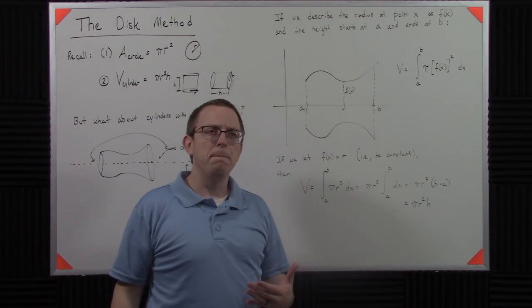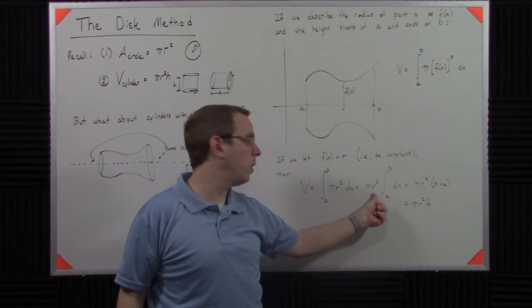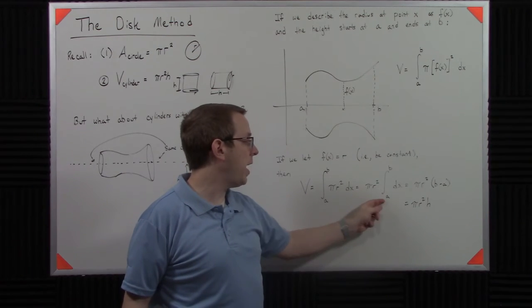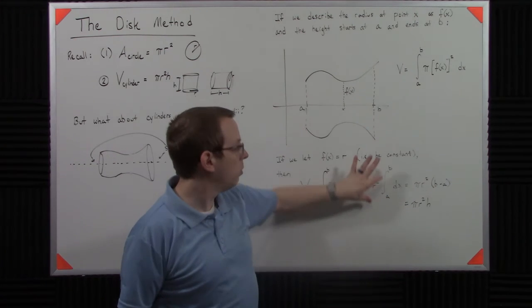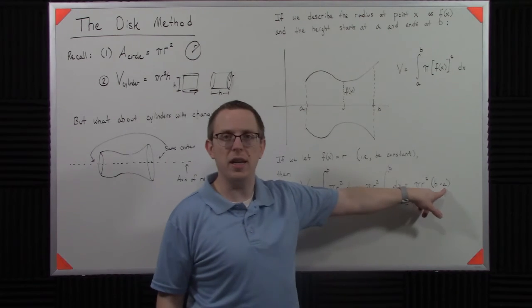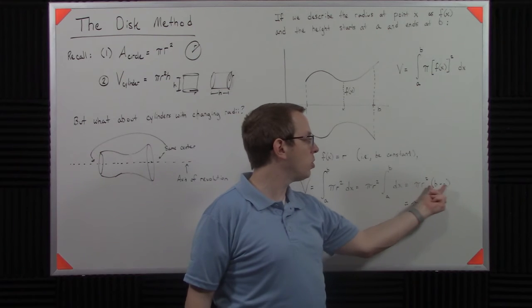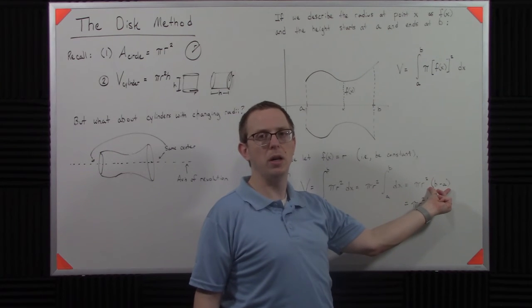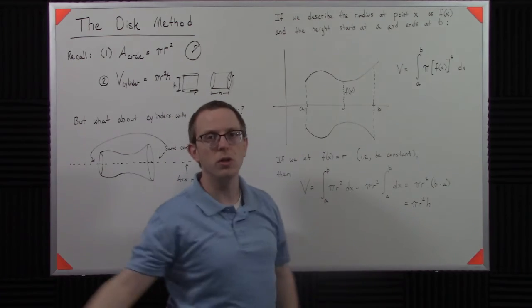Now, neither of those have x's in them, so we can pull that out front. So we just have the integral from a to b of dx with pi r squared in front. Well, the integral from a to b of dx is just b minus a, right? That's just the constant function 1. So this is pi r squared times some length, which is the height of your cylinder.